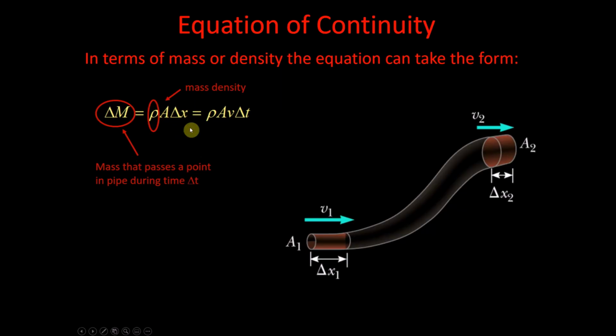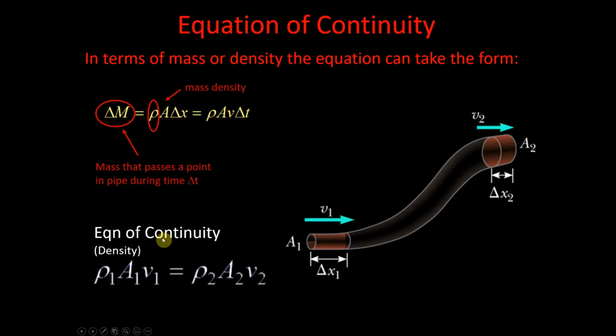We have A, we have our distance, how much of a distance we want to look at along our pipe, so delta x, what's the distance of interest, and this will equal rho A v t. So the equation of continuity in density, if we take this and derive through, will be rho1 A1 v1, where this is a velocity, is equal to rho2 A2 v2, the second velocity.